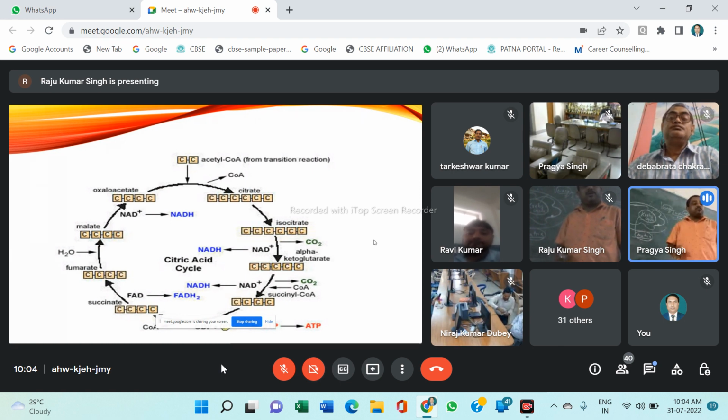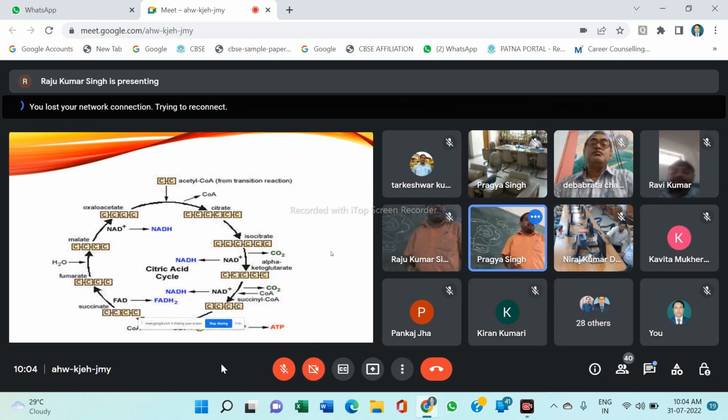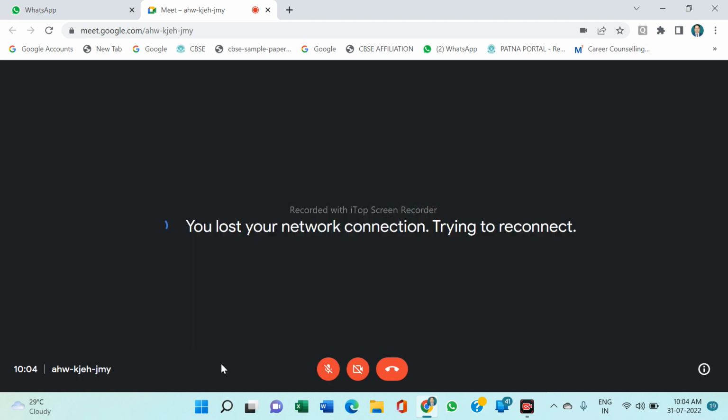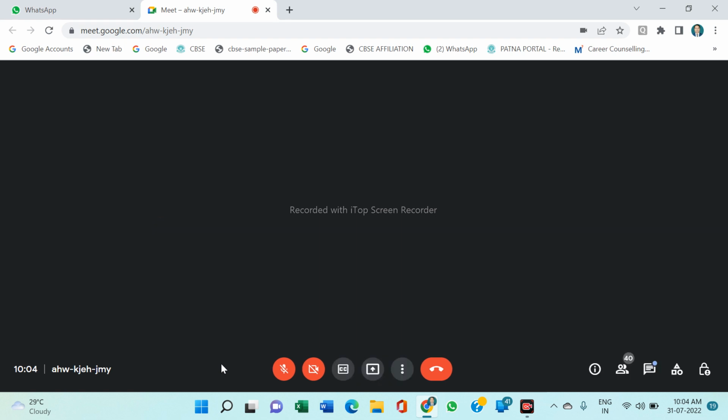So malic dehydrogenase. On the basis of the substrate that we are using, we name the enzyme. So malic to oxaloacetic acid.